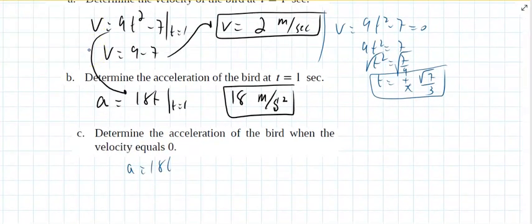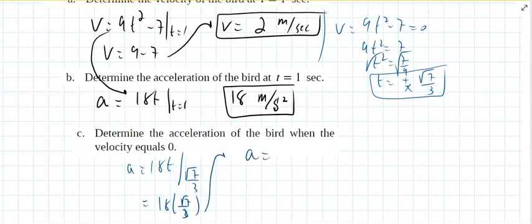Acceleration is 18t evaluated at radical 7 over 3. That would be 18 times radical 7 over 3. So in your answer, you would say acceleration will be 18 radical 7 over 3 meters per second squared.